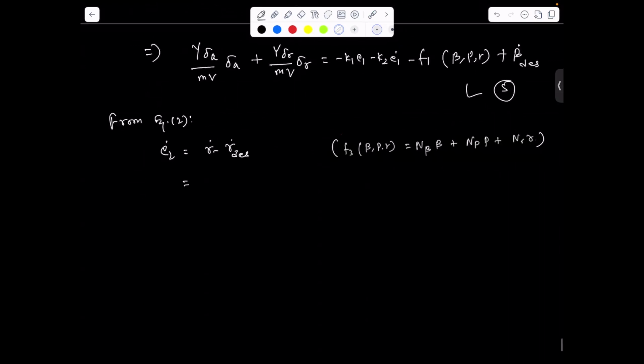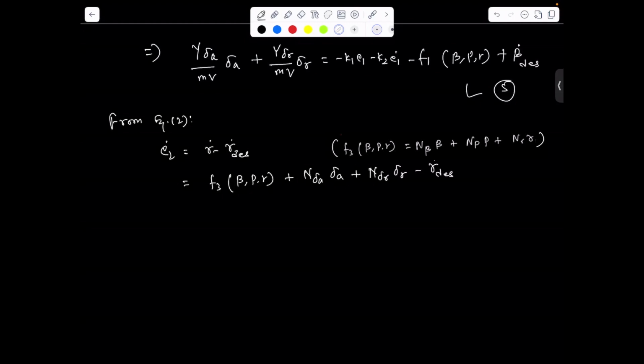So in place of r dot, we can write our r dot equation, which is F3 beta PR plus N delta A plus N delta R minus r desired dot.